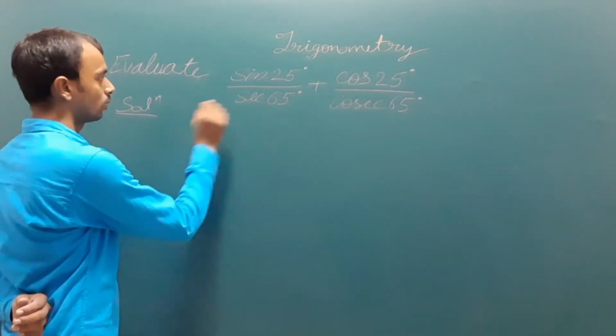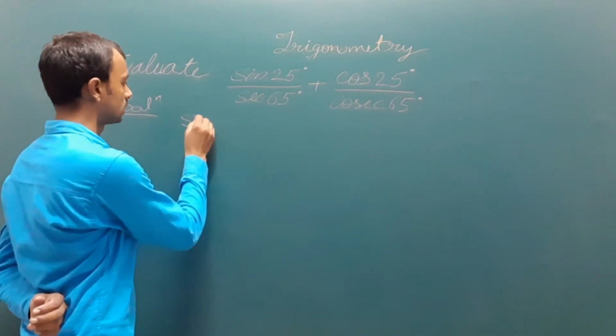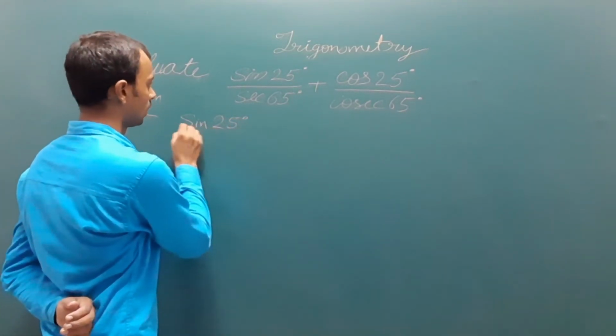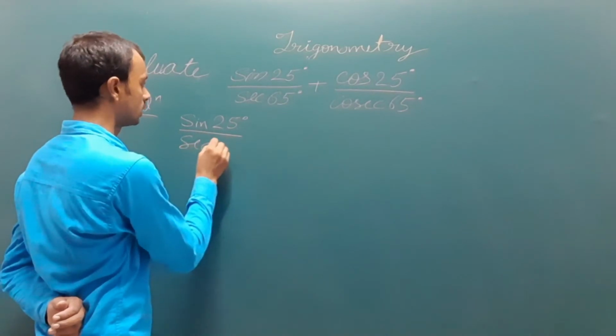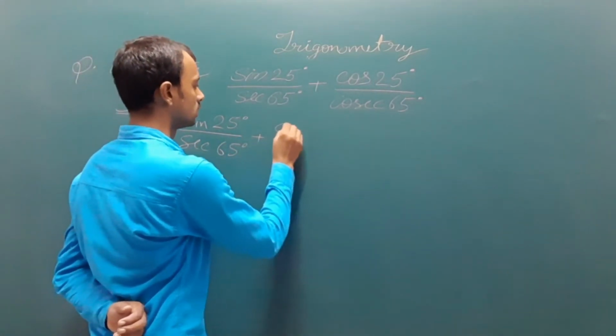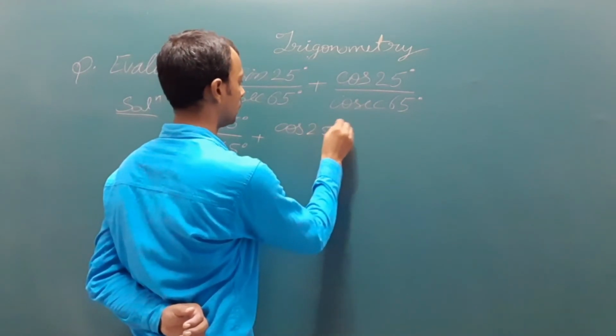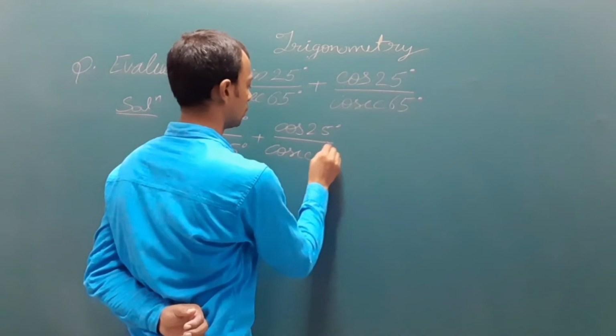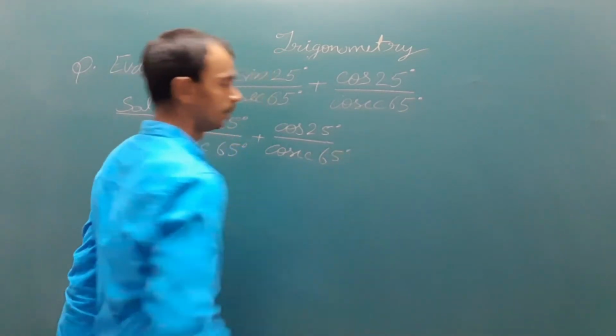First of all, consider sine 25 degree upon sec of 65 degree plus cos of 25 degree upon cosec of 65 degree.